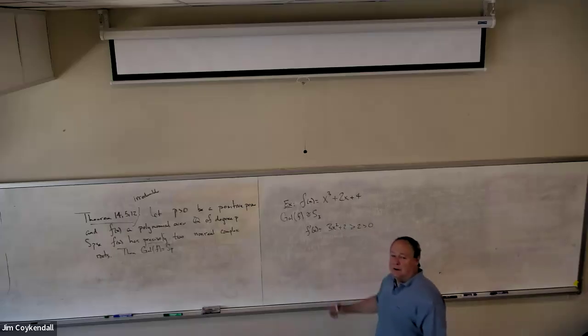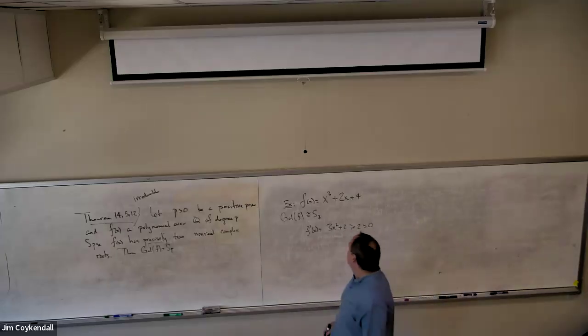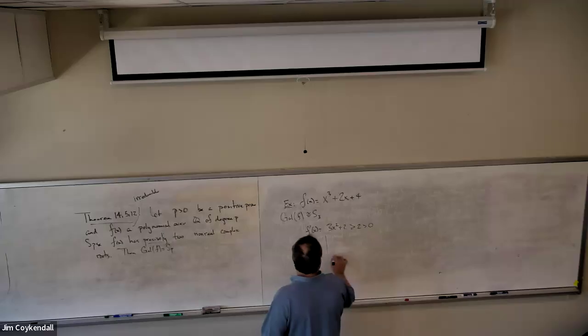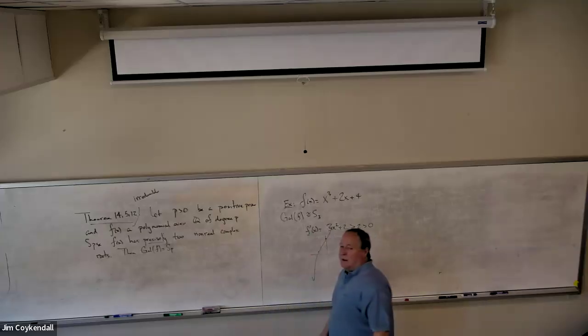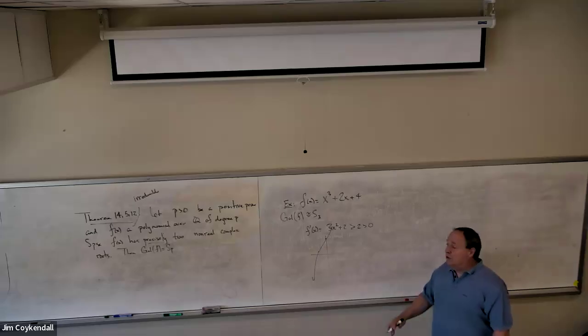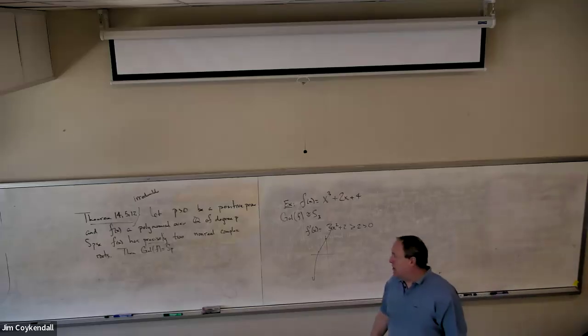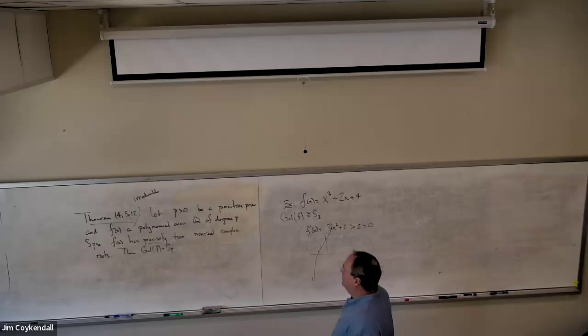So the derivative is positive, which means that it's increasing. At -1, this is 1, and at -2, this is probably pretty negative. So anyway, this thing goes something like this. That's got one root, so it's got precisely two complex conjugate non-real roots. So the Galois group has to be S_p.